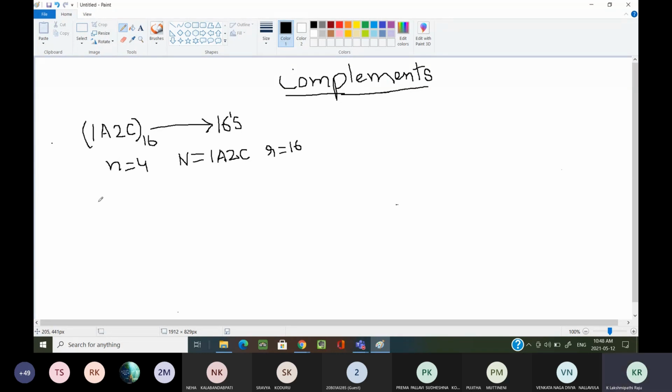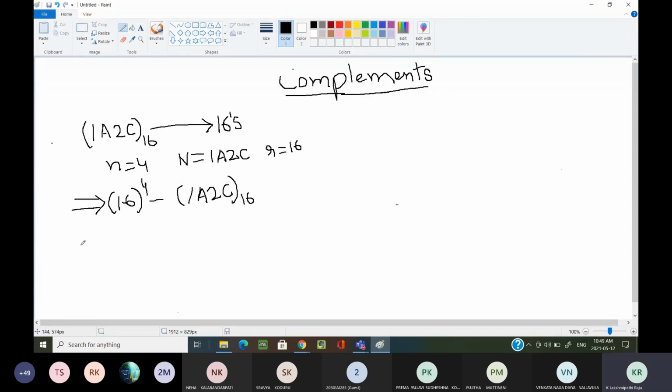Now, using the same formula, I am directly calculating. Why? Because now you know the formula. R power n minus capital N: 16 power 4 minus 1A2C of base 16.